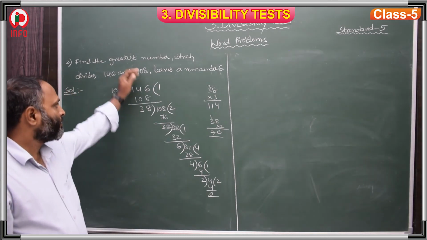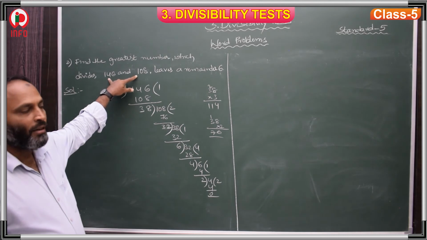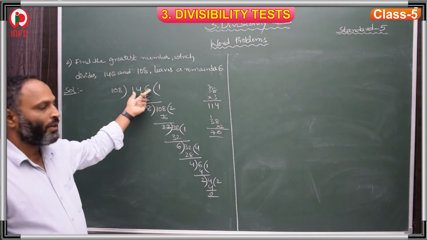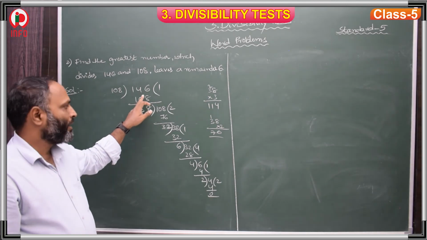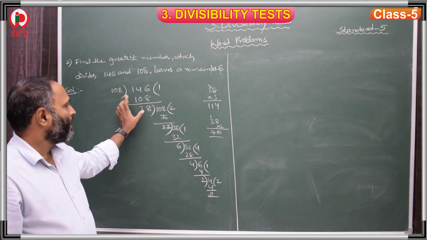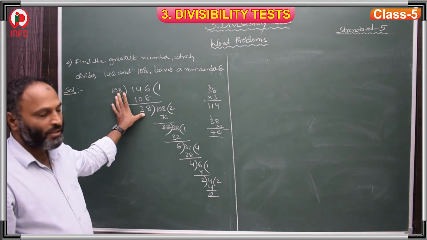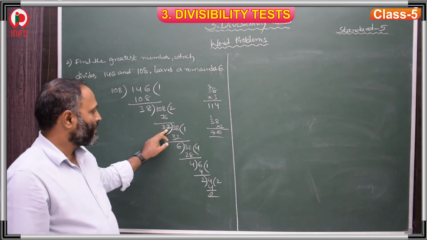Once again, listen. These 2 numbers we have to take: 146 and 108. 108 is smaller, 146 is bigger. 108 ones are 108. Then minus them, we get 38. 38 with this: first remainder with first divisor. 38 2s are 76, and minus. This is the remainder.